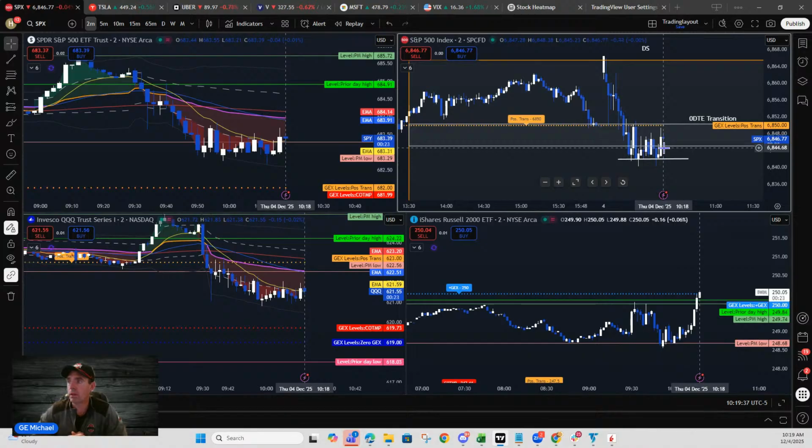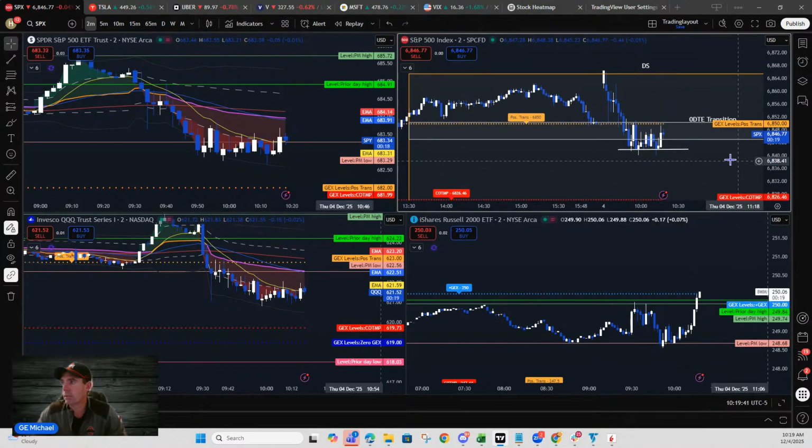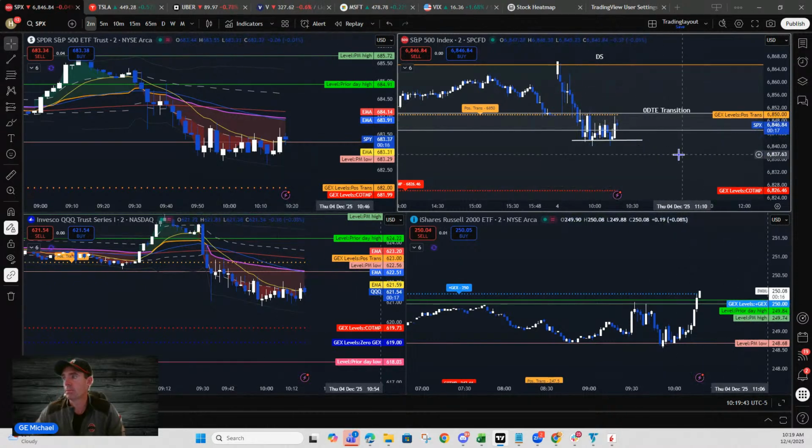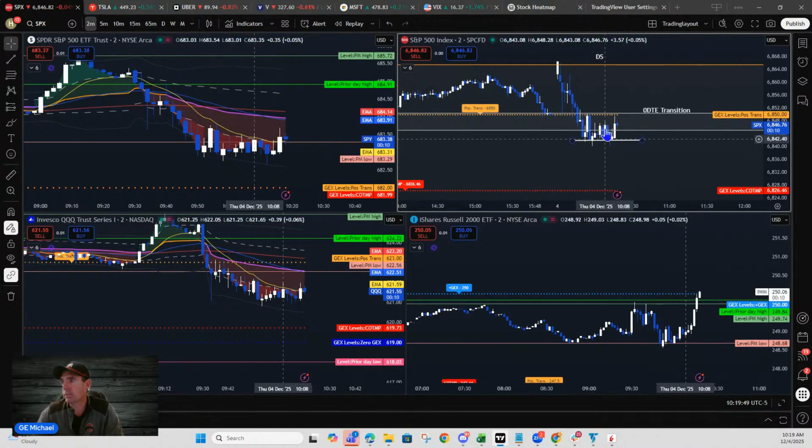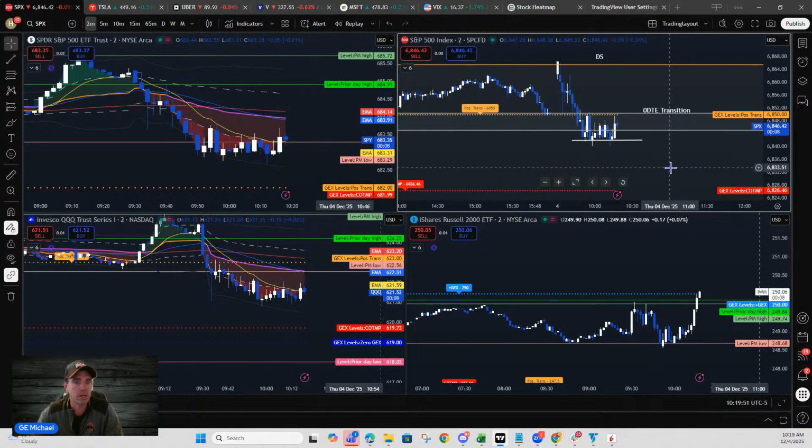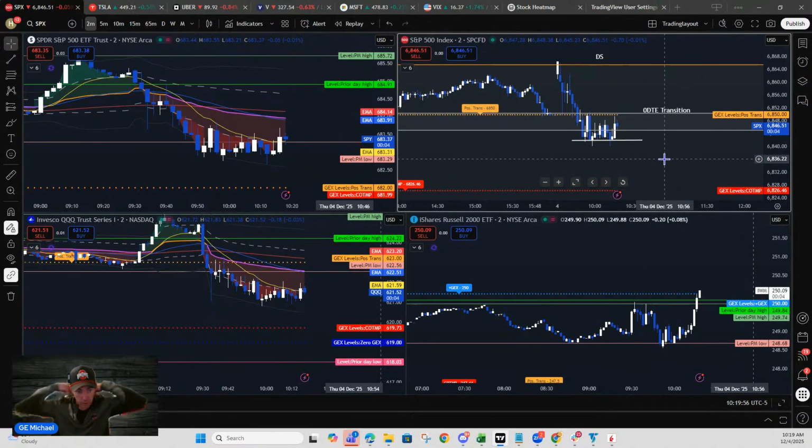So I would want a clean break either way, to the upside or to the downside. But right now, market participants are happy just being in the middle there. These low exposure congestion zones are really what we talk about. It's very difficult to trade these areas directionally, so you're better off having some sort of option structure in place.